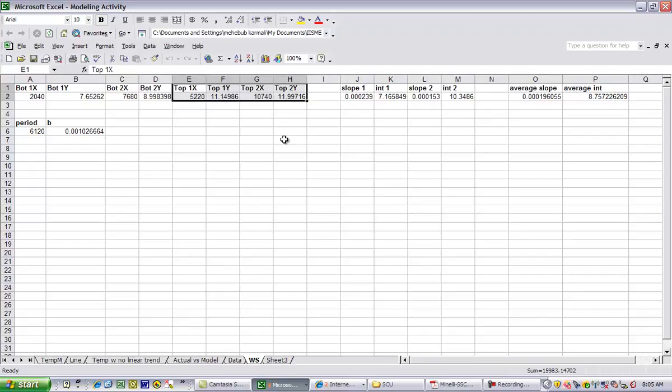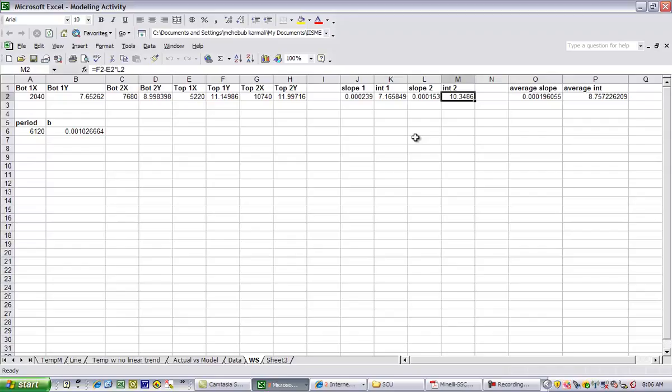I've gone ahead and done the calculations, at least in my case, for slope 1, intercept 1, slope 2, intercept 2. Go ahead and do that. I'll give you a couple of minutes to finish that off.